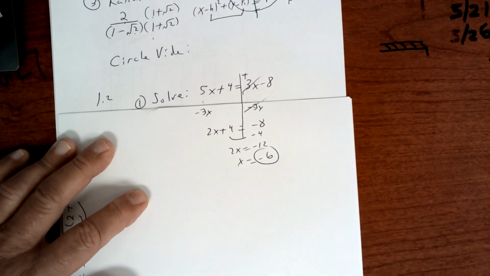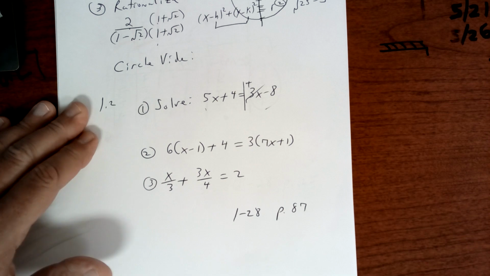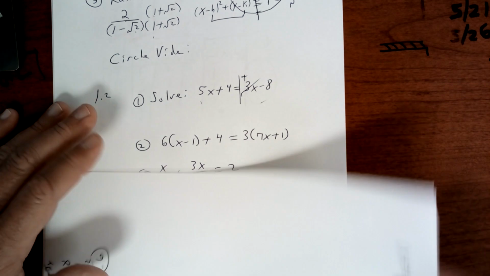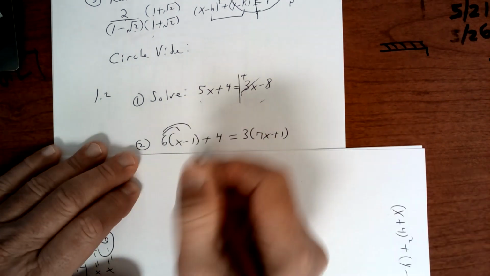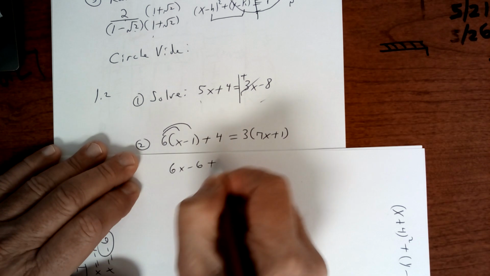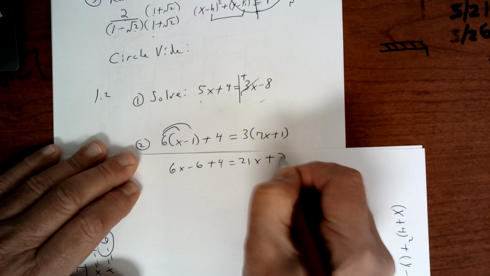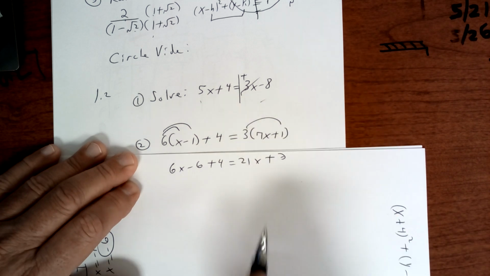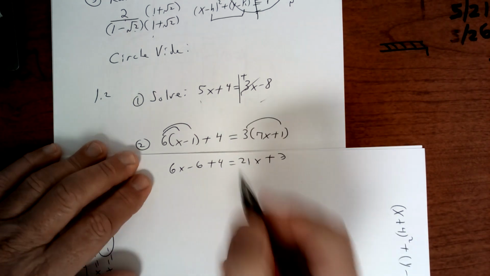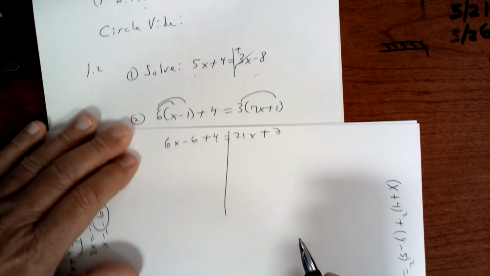12 divided by 2. This next one is basically the same thing, but you have to distribute. So it's going to be 6x minus 6 plus 4 equals 21x plus 3. Make sure you distribute all the way. Now, which one's smaller? Draw your line. The smaller one here is going to be, of course, a 6x.